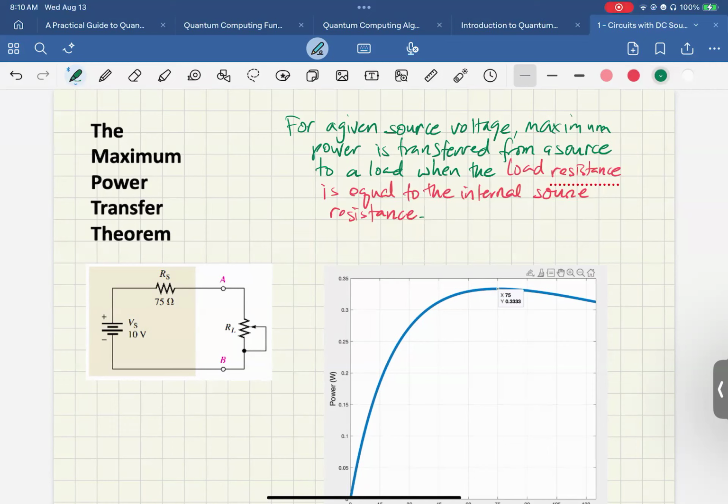Paano natin alam na hindi optimized yung power transfer? Kasi iba yung load resistance kumpara dun sa internal source resistance. Which means na some of the power is not delivered properly dun sa load. And yung hindi nagagamit na power is then converted to heat, and that's why your device heats up.